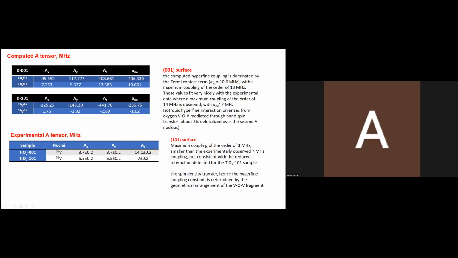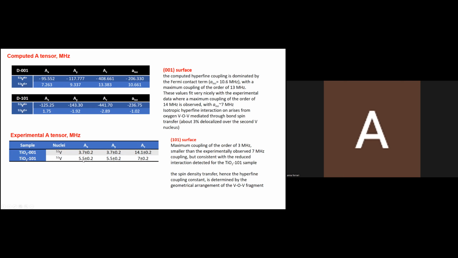The maximum coupling of the order of 3 megahertz is smaller than the experimental 7 megahertz coupling, so a quantitative difference that is not negligible, but anyway, is reduced, consistent with what was detected for the 101 sample. So on the 101 surface, the values of the tensor are smaller than on the 001, and this aspect is caught correctly by the calculation.